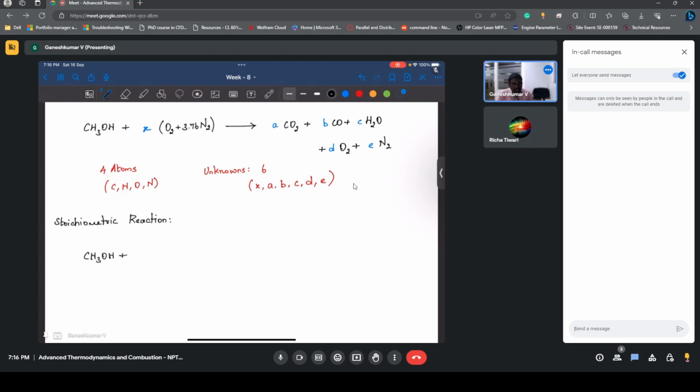We do not have this additional CO and other things. The reaction is ideal. What are the products you would expect? At X stoichiometry.